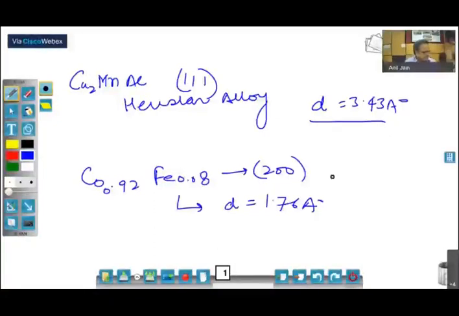Well, there are other ways to produce the polarized neutron beam.